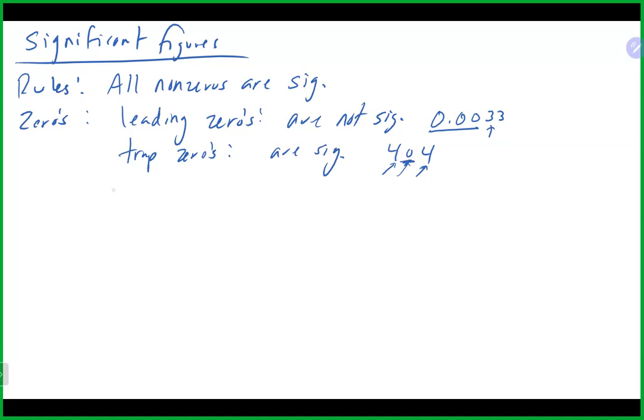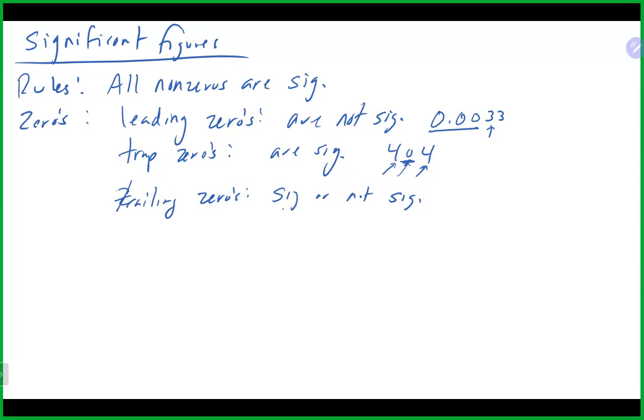And really, probably the zero that gives everybody, as we've seen, the hardest time is the trailing zeros. And those can be significant or not significant. What really depends, as we talked about, is whether there is a decimal point in the number.